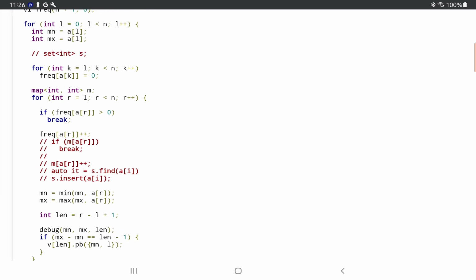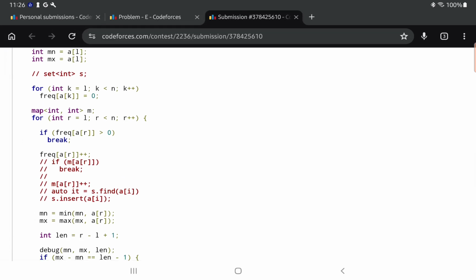Here's one thing I'd like to mark: I was first using a map, which I didn't think much about, but this would give you a TLE. I got a TLE on test case 11 because of this. So use a frequency array, because the constraint was given as 6,000. You don't need a map; that was the hint.